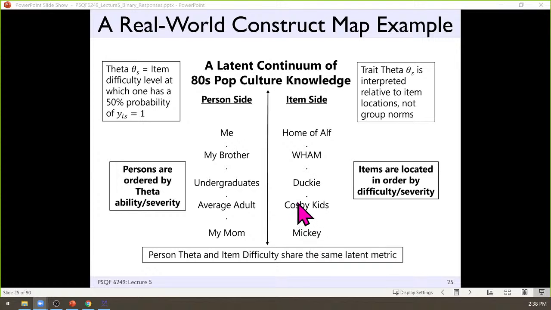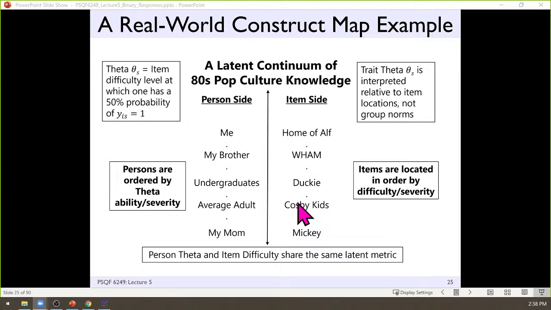And spoiler alert, we're going to set the metric of the trait the exact same way we did it in CFA, by fixing the trait mean to 0 and the trait variance to 1. It's going to be called anchoring in IRT instead of identification, but it is the same idea.